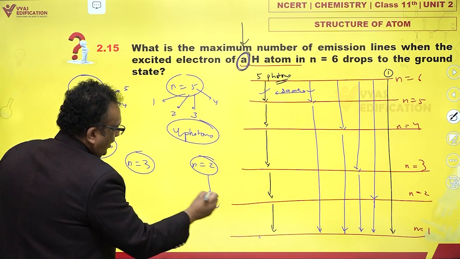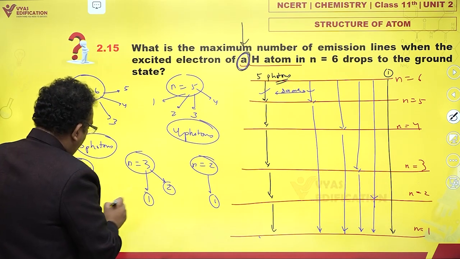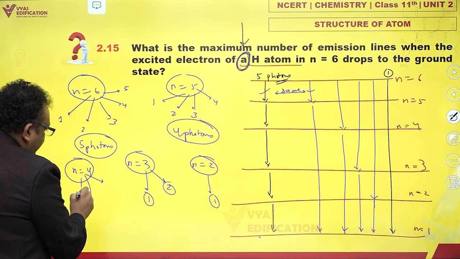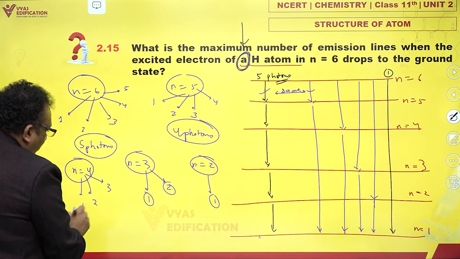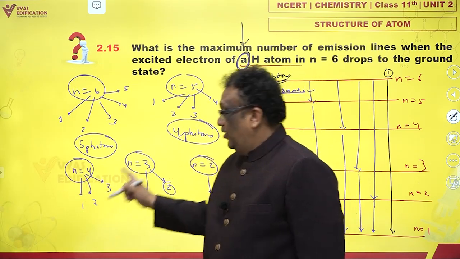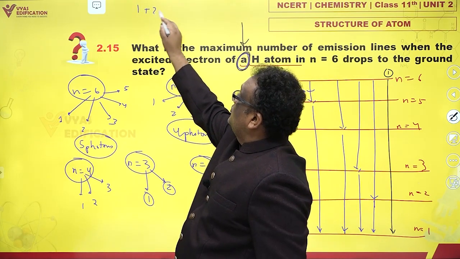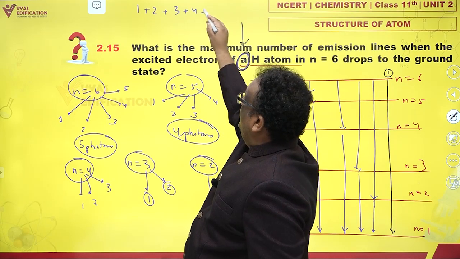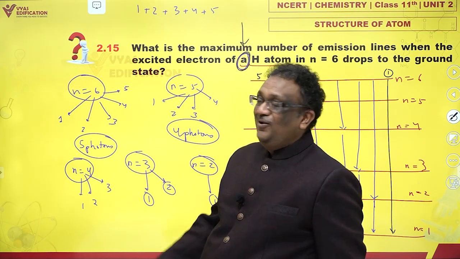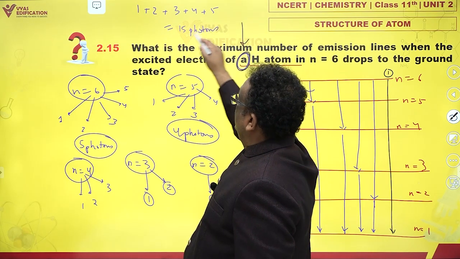From 2 you can go to 1. From 3 you could go to 2 or you could go to 1. From 4 you could go to 3 or 2 or 1. So you have 5 photons or 4 or 3 or 2 or 1. So 1 plus 2 plus 3 plus 4 plus 5. Well, you add them up and you get how much? 15 photons. Is this the answer?